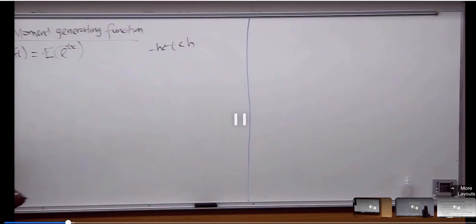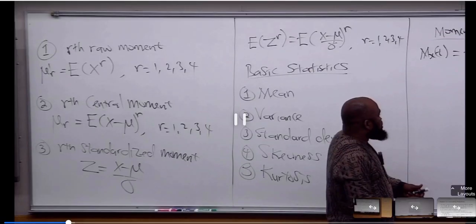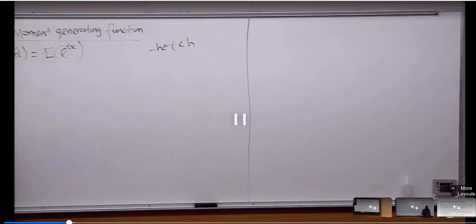The moment you derive the moment generating function of a particular distribution, because it is unique, it specifies that probability distribution, and you can determine probabilities from it.